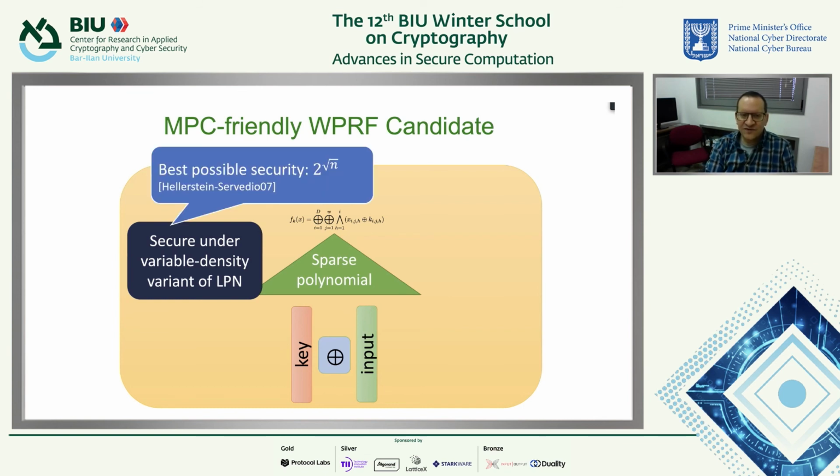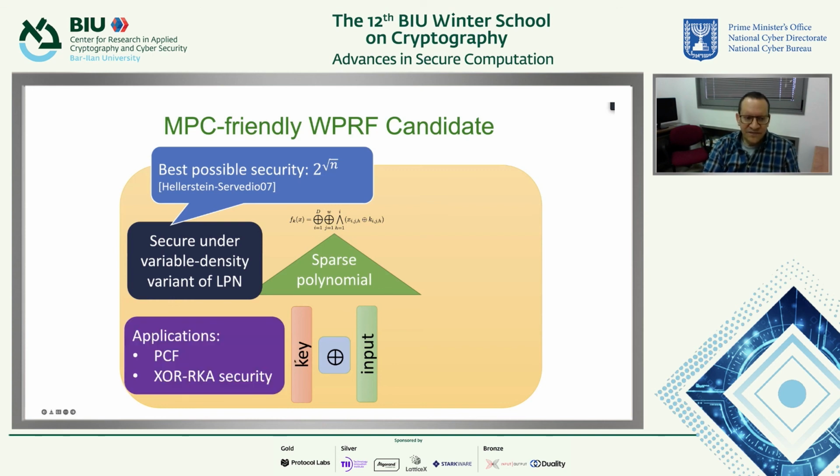In terms of security, it does have a 2 to the square root n attack, where n is the input length. So the parameters cannot be too small. We cannot get it with 128-bit input. But we have a version of the construction that we conjecture to achieve this level of security.